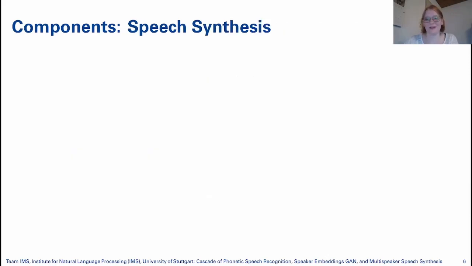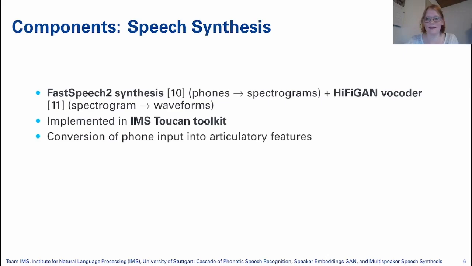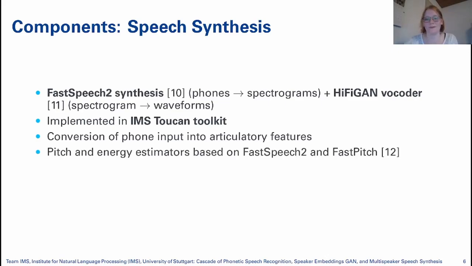The final module is our speech synthesis model. It uses FastSpeech 2 synthesis to translate from phones to spectrograms and a HiFi-GAN vocoder to translate from spectrograms to waveforms. Everything is implemented in the IMS Toucan toolkit mentioned before. And this toolkit converts the phone input first into articulatory features before this is fed into the FastSpeech 2 synthesis.